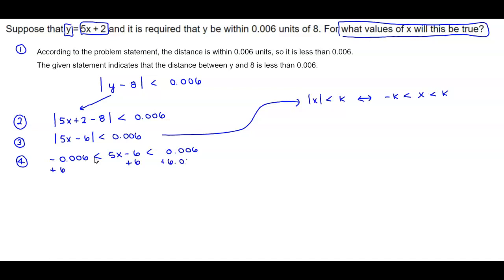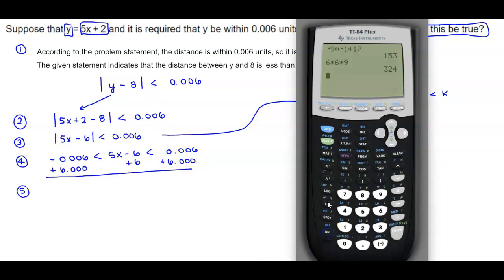Keep in mind that we have to add these zeros as placeholders, so we really have to be careful with our math here. So for step number 5, we have 6.000 minus 0.006, and that gives us 5.994.